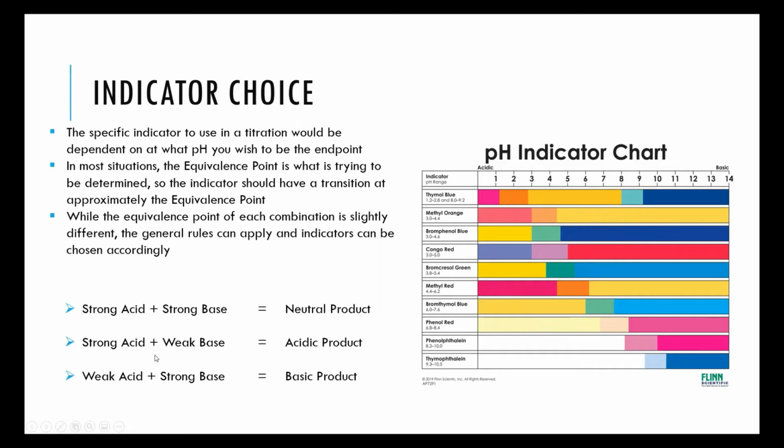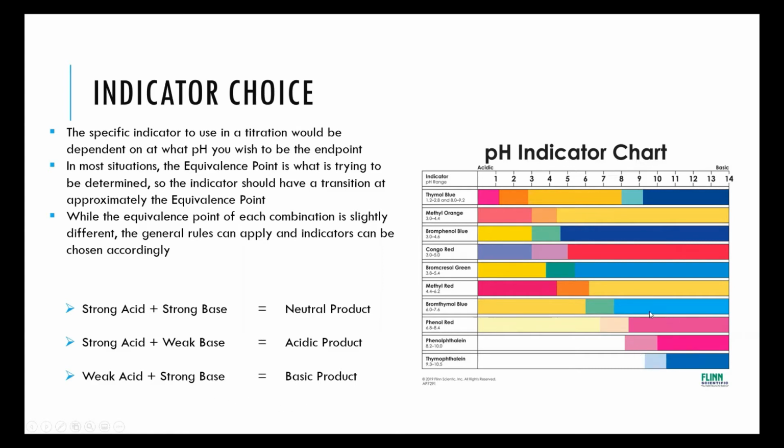A strong acid and a weak base would produce an acidic product. So these indicators right here would be a good choice depending on what the actual equivalence point is for the particular chemistry. And a weak acid and strong base produce a basic product.